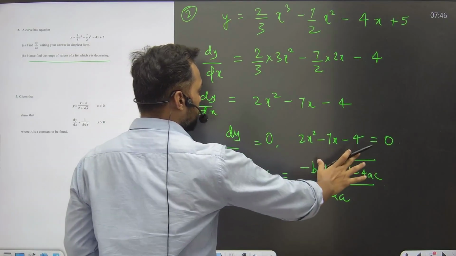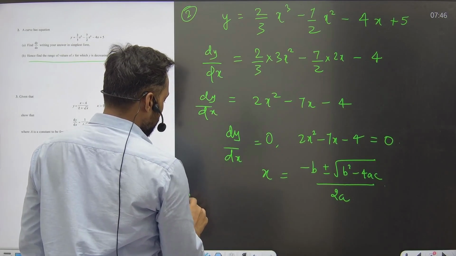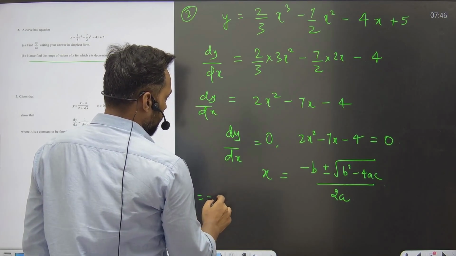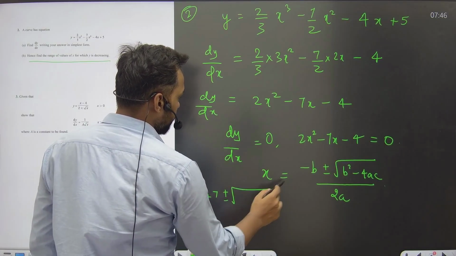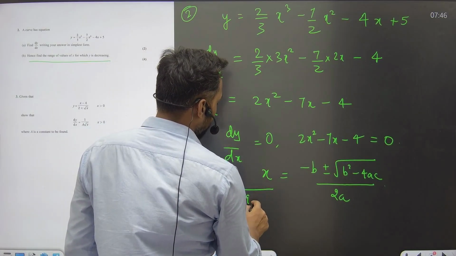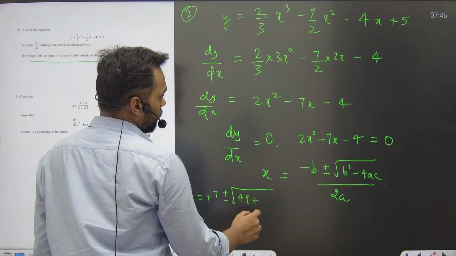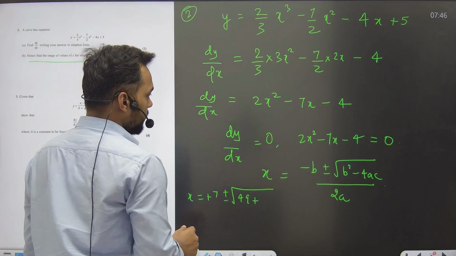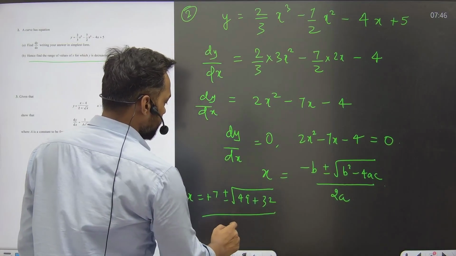So we'll be applying this formula here. x will be equal to negative of b, that is 7 positive, plus or minus the square root of b squared, 49, minus 4ac. 4ac will be 4 times 2, 32, upon 2a, that is 4.